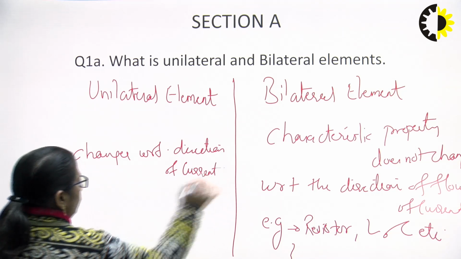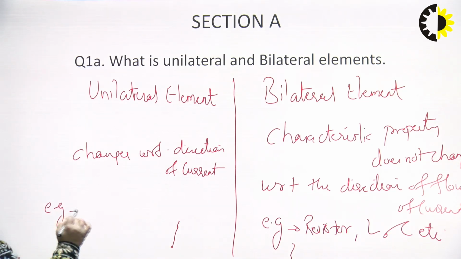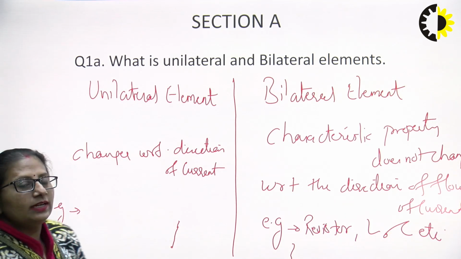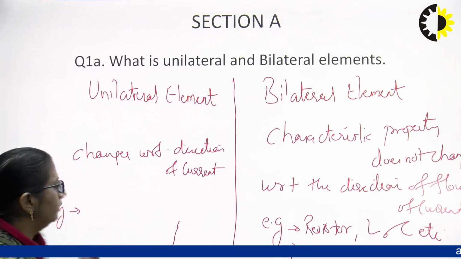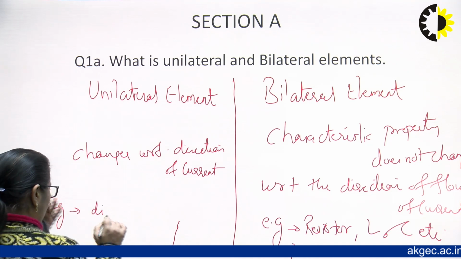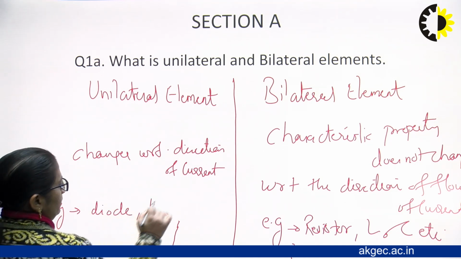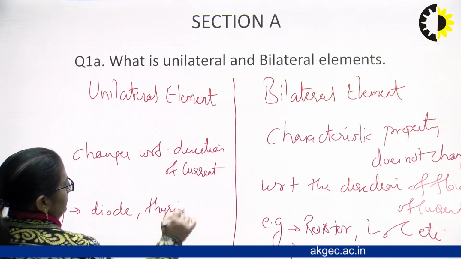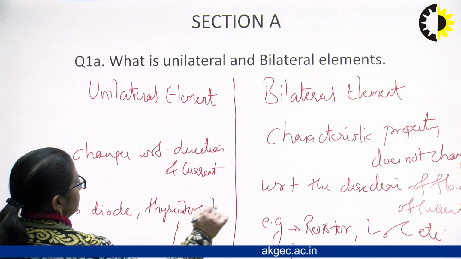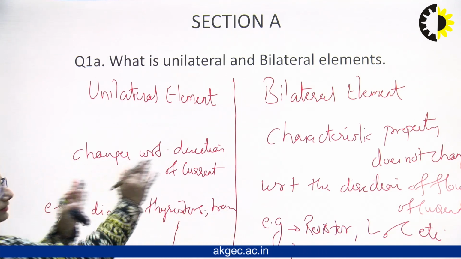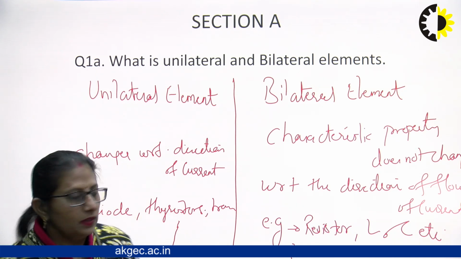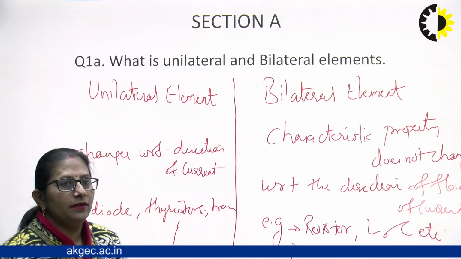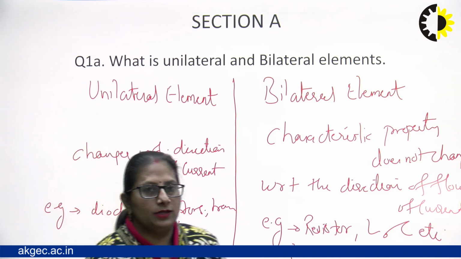The examples are majorly all the types of semiconductor devices, like diode, thyristors, SCRs, transistors. Their characteristic behavior changes with respect to the direction of current through them. So, these are unilateral and bilateral elements.